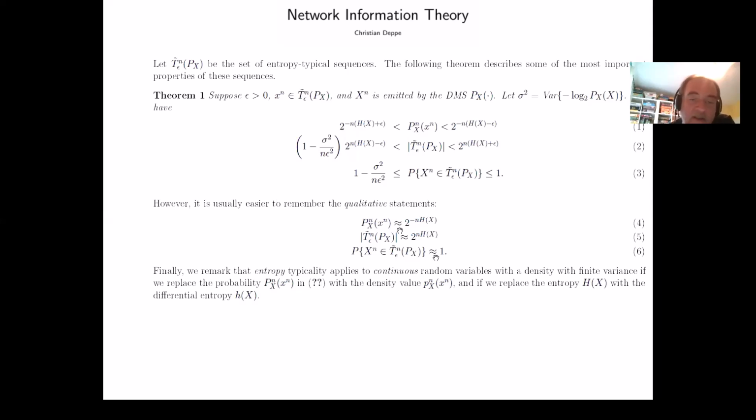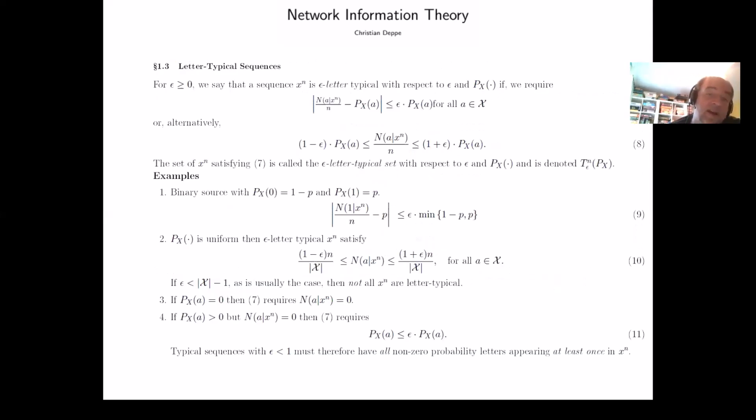Finally, we made a remark last time already that we can also generalize this, what we did for the discrete case, for the continuous case, for a continuous random variable, like we did also in the information theory lecture. In this case, we just replace the Shannon entropy with the differential entropy, and we get the same results.